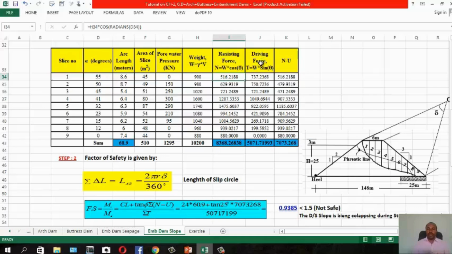Then driving force, which is T, parallel to the failure plane or parallel to the sliding line. This is W sin theta, which is this value. W you already calculated, then sin theta, then enter, then you drag. Then N minus U, normal force minus pore pressure.